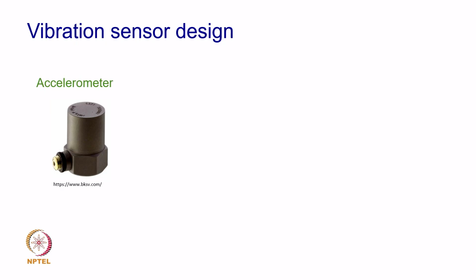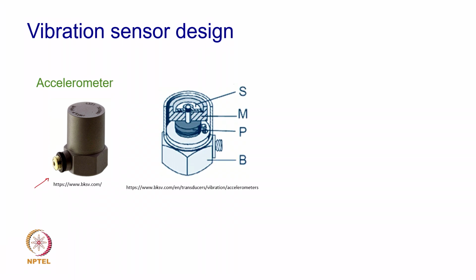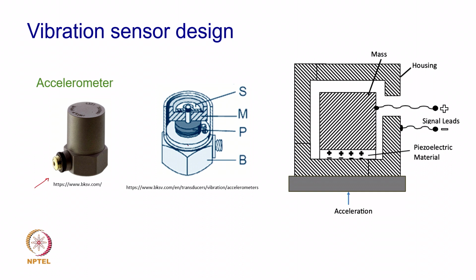So, it looks like this, but for us it is important to know what is there inside this casing. Inside this casing are these parts, like you have a base which you can see. On this base are put piezoelectric discs.